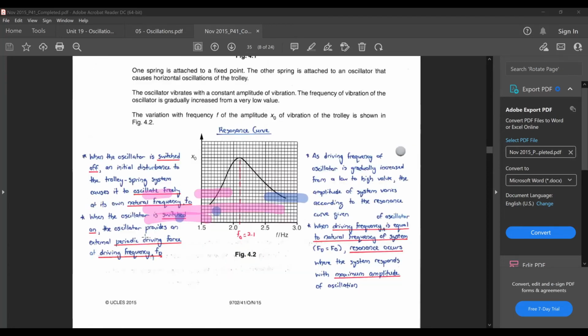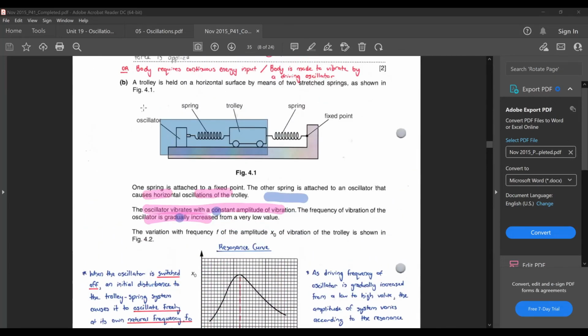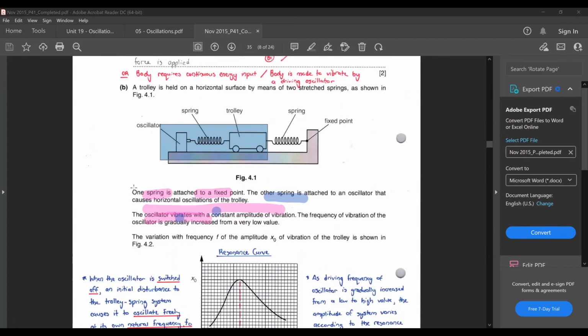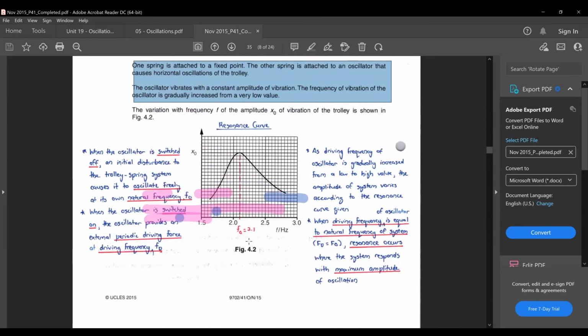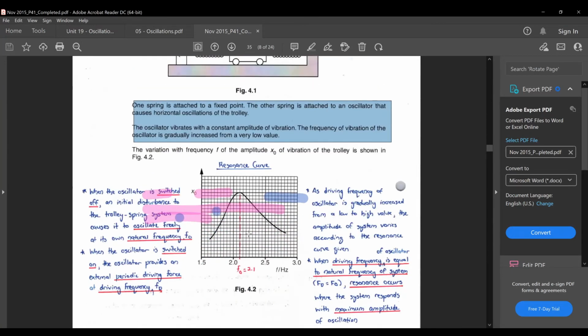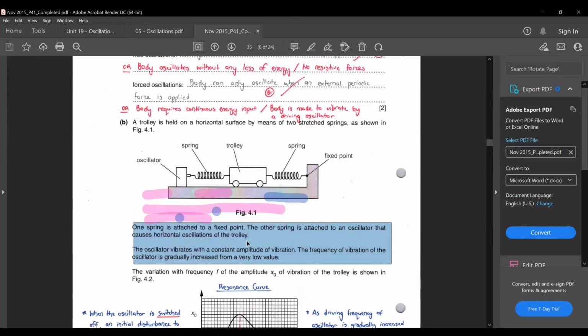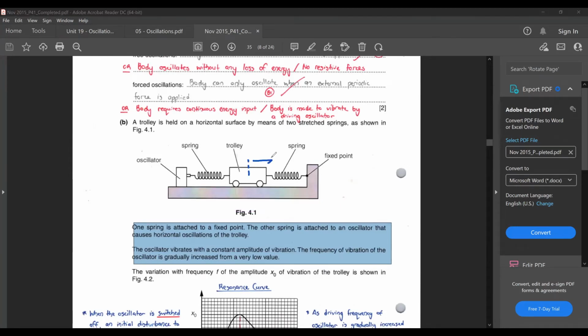So there's a difference between what you see in B and C. In B, it was still oscillating under forced oscillation because your oscillator is directly connected to it and switched on to cause the oscillation of your trolley. For C, the oscillator is switched off. What they mentioned here is that your oscillator is now switched off and they purposely displace it 4.7 centimeters towards one side before releasing it.